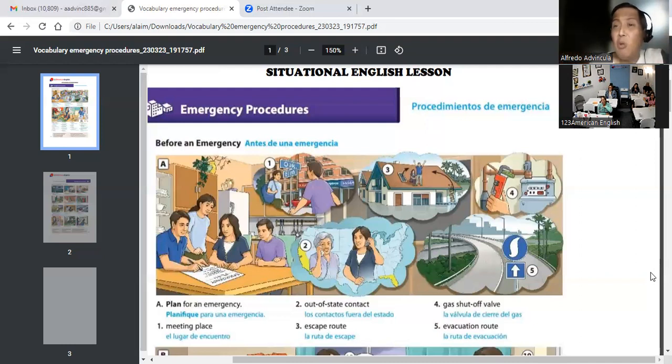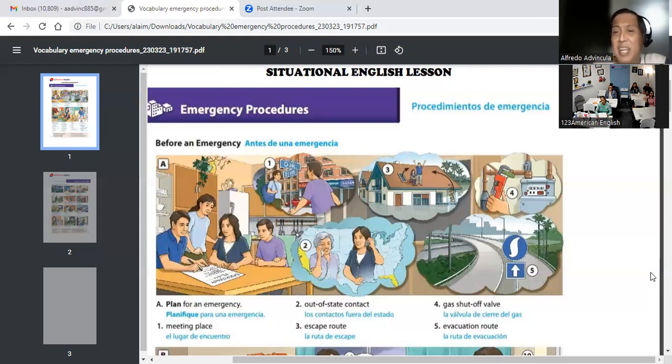Because if there's some kind of emergency while you're away, you might have a big problem later if no one is watching your house. That's true. So you have to know where your shut-off valves are for the gas and for the water. This is very important, guys. Okay, so that's number 4.